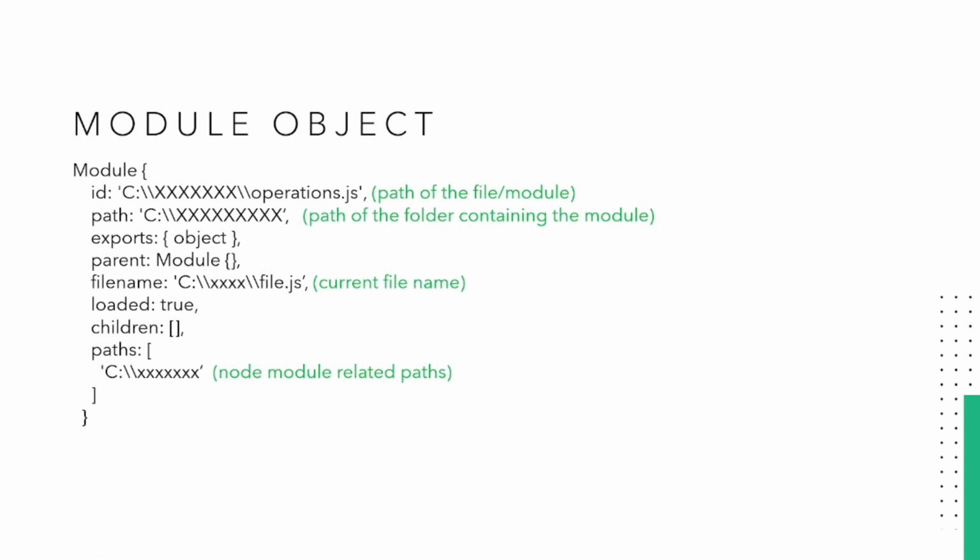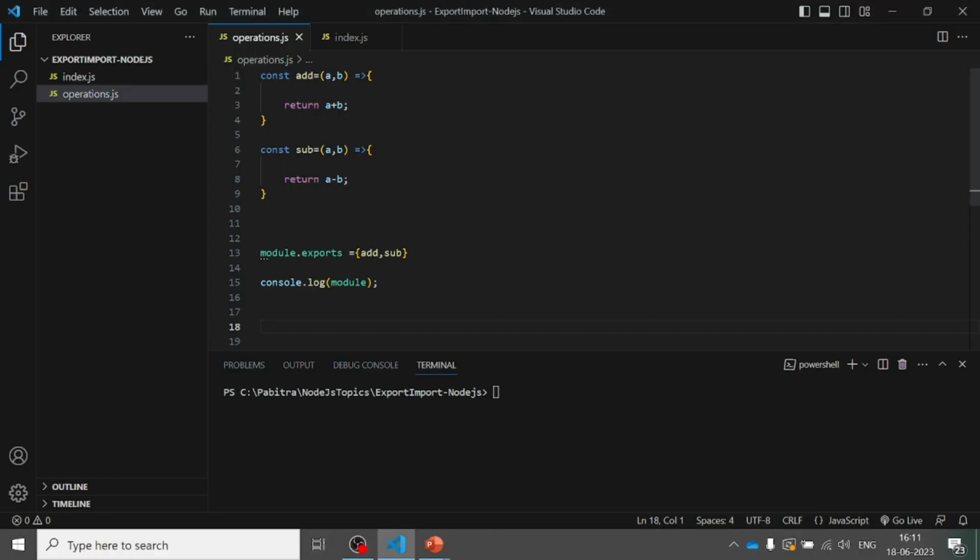So let me help you understand. Going to Visual Studio Code, I will show you directly over there. I'm inside the operations.js file, and I defined two different functions and exported them. Now I will print the module object here in the console. Let me open this file.